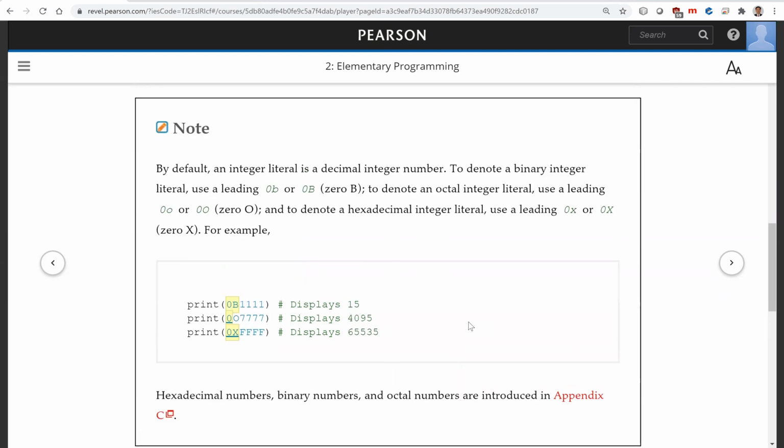Now you can also use integers in different bases. Here, 0b represents a binary number. So you're going to print actually 15. This is binary, 4 ones, that's 15. 0o means an octal number, where the radix is 8. 0x is for hex numbers.